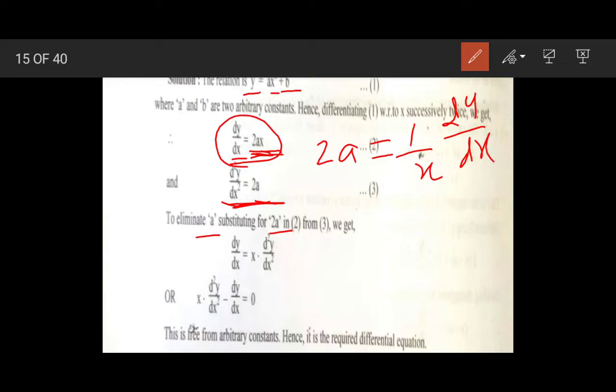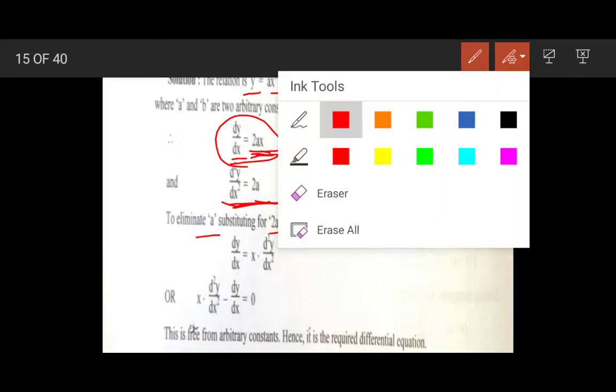Now to eliminate a, we will substitute for 2a. So from this we get 2a is equal to 1 upon x, dy upon dx. Or you can substitute 2a in this equation.